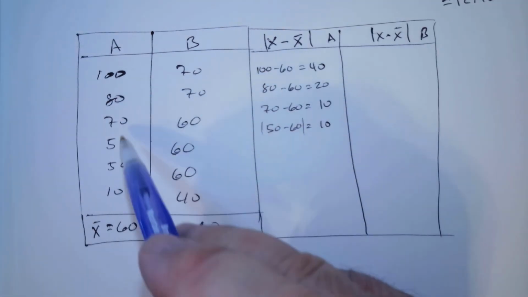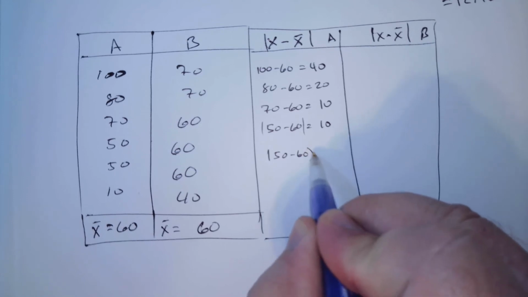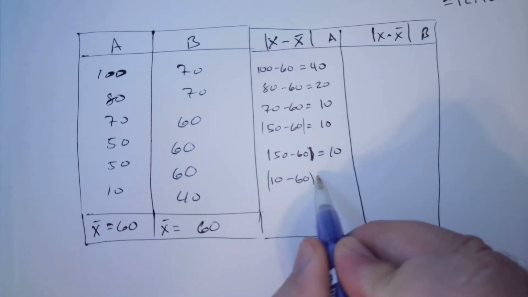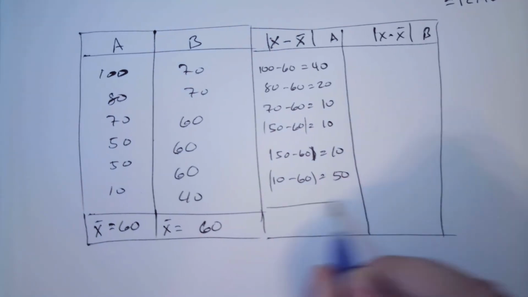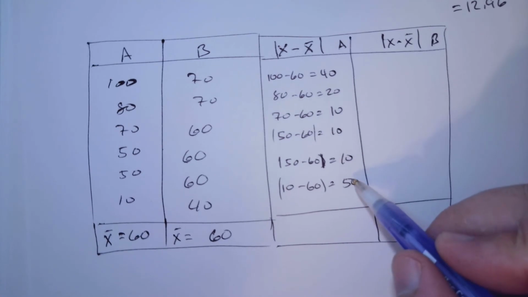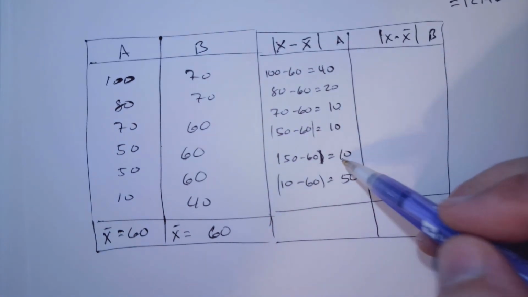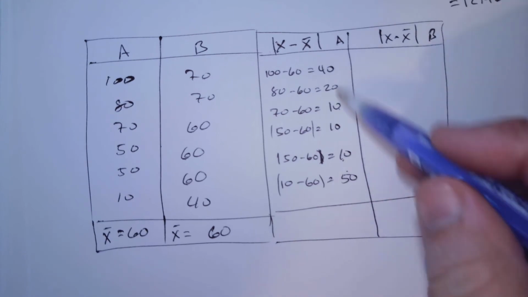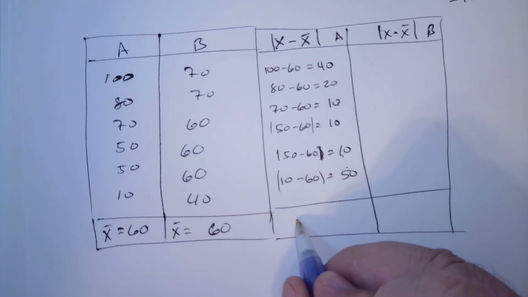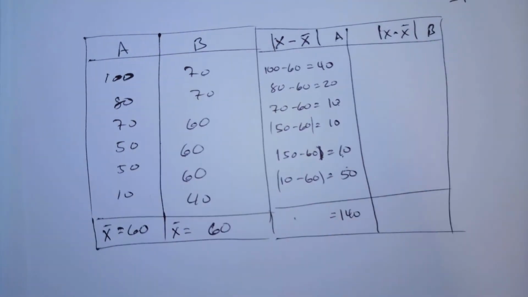It's 1, 2, 3, another 50. And then 10 minus 60 is 50. Add up all those: 10, 20, 30, 50, 90, 100, 120, 140. So add up all those, I get 140.